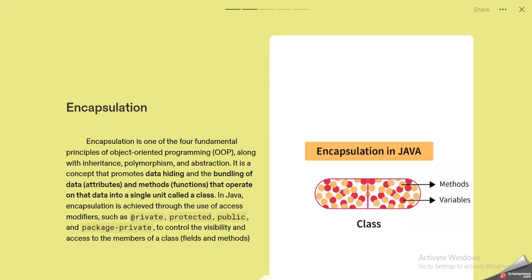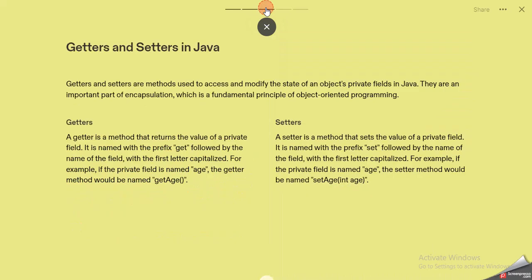For private fields, we use getters and setters. A getter is a method that returns the value of a private field. It is named with the prefix get, followed by the name of the field with the first letter capitalized. The first letter should always be capitalized. For example, if the private field is named age, the getter method would be named getAge.